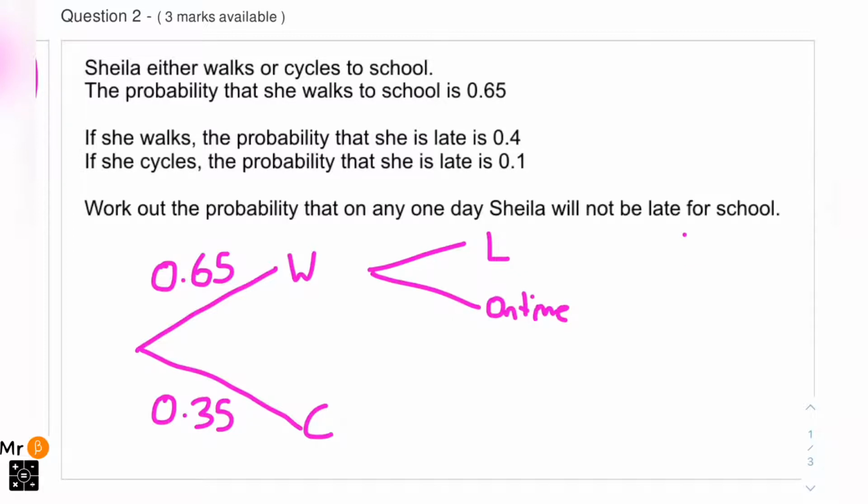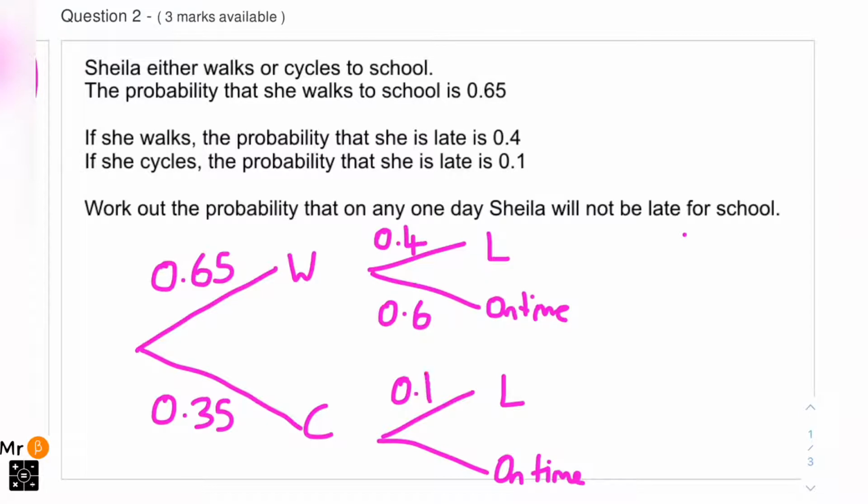So if she walks, the probability that she's late is 0.4. Therefore, her probability of being on time must be 0.6, because we know probability is up to 1. And again, if we do it for our cycle, probability she is late is 0.1. Therefore, on time 0.9.